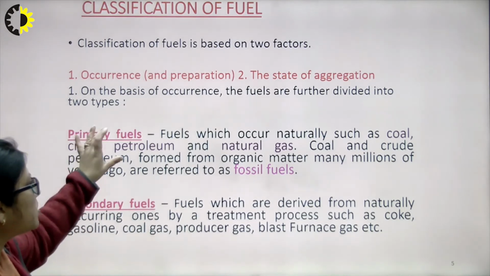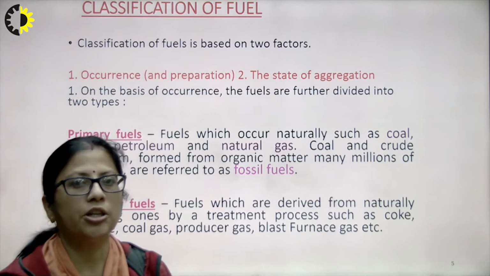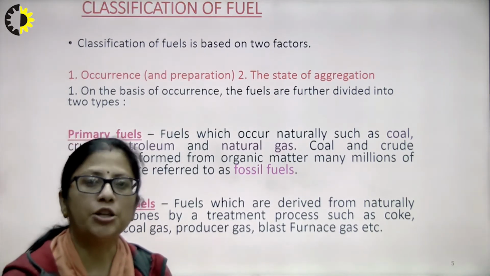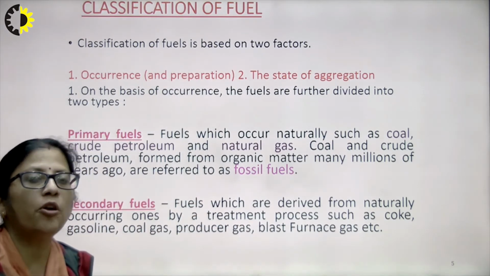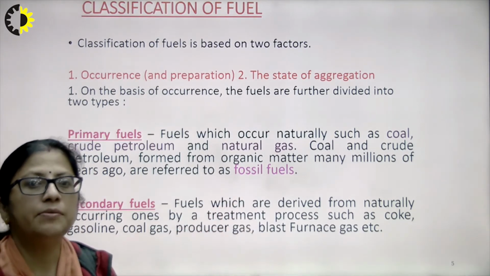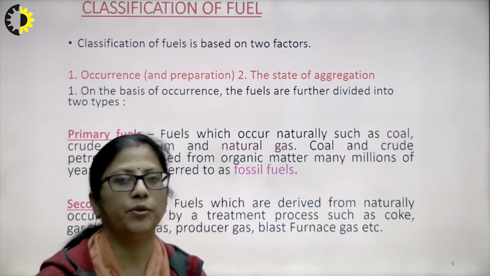Primary fuels are those which occur naturally, which are present in nature, like coal, crude petroleum and also natural gas. Coal and crude petroleum are formed from organic matter which was buried many years ago, and they are referred to as fossil fuels.